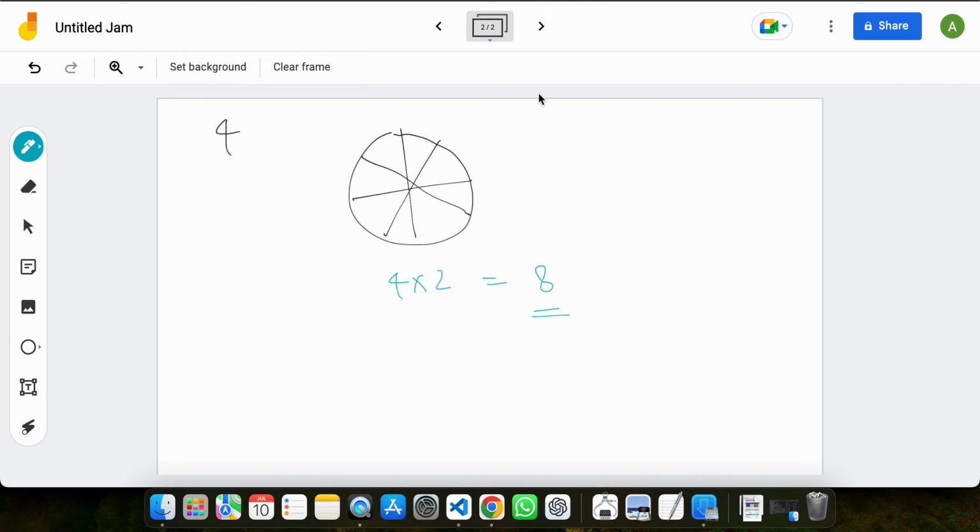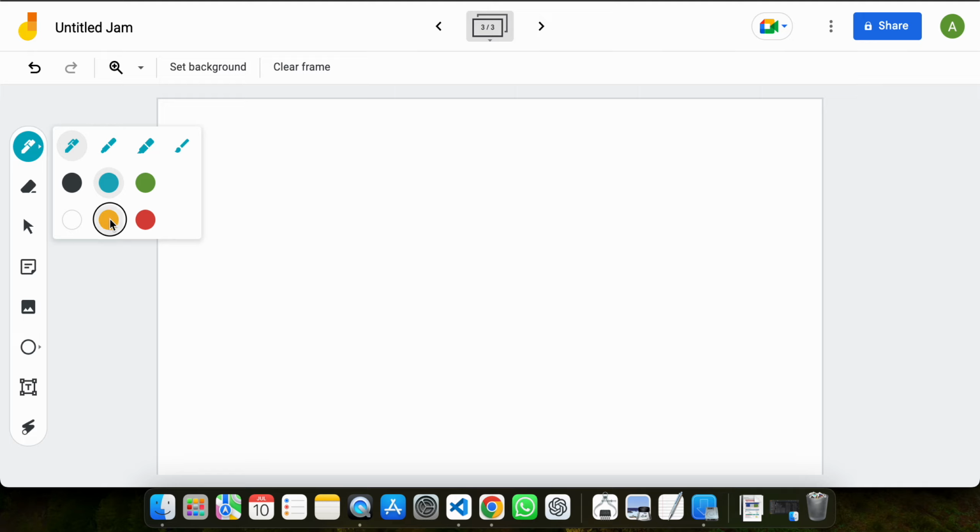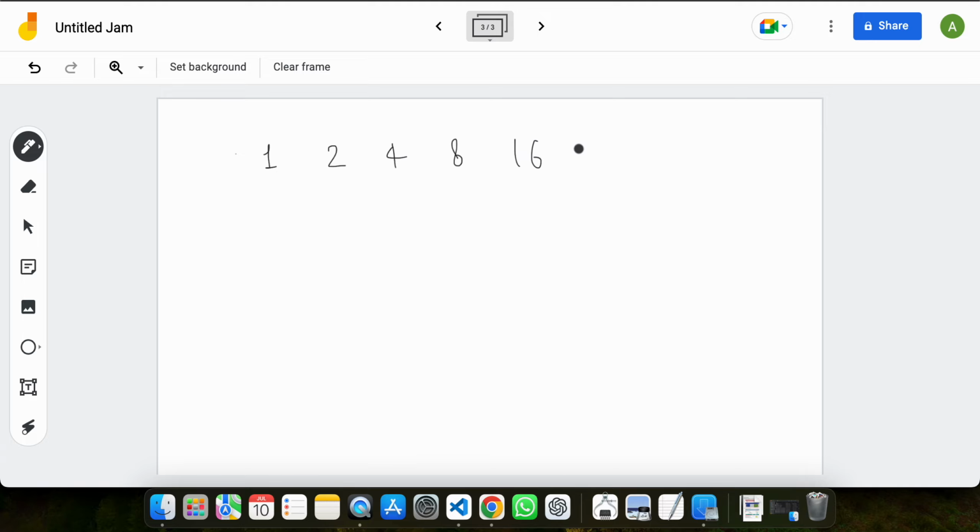If you observe the pattern while reading the problem statement, the intuition I get is that if you pay attention, you will realize that if the number of slices is a power of 2 like this, 1 2 4 8 16 32, all these numbers are found when 2 is raised to some power.